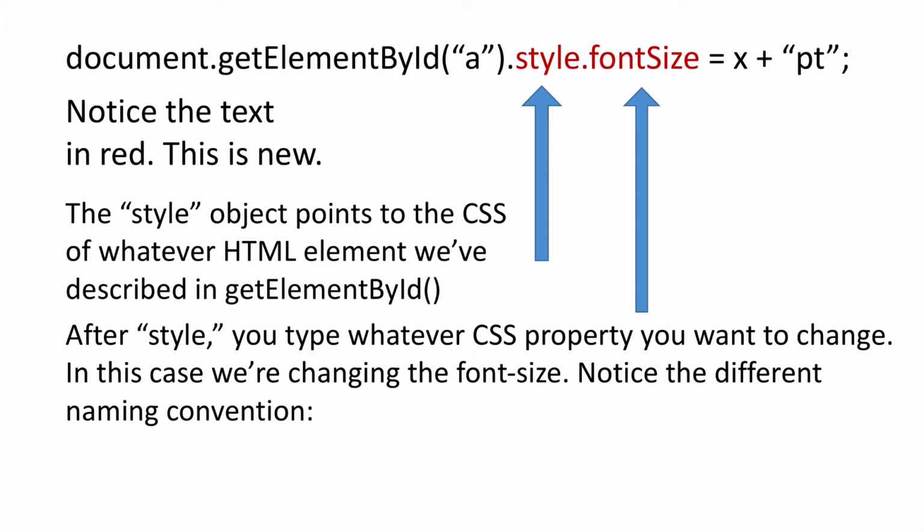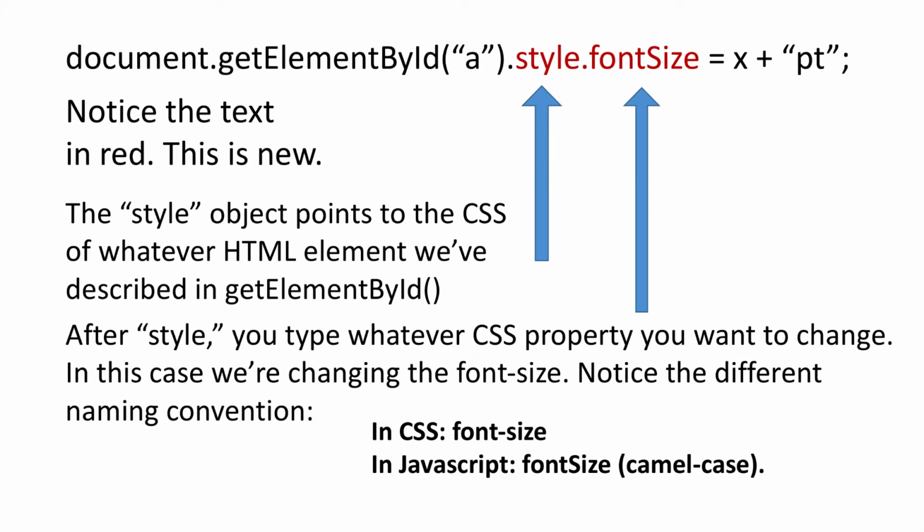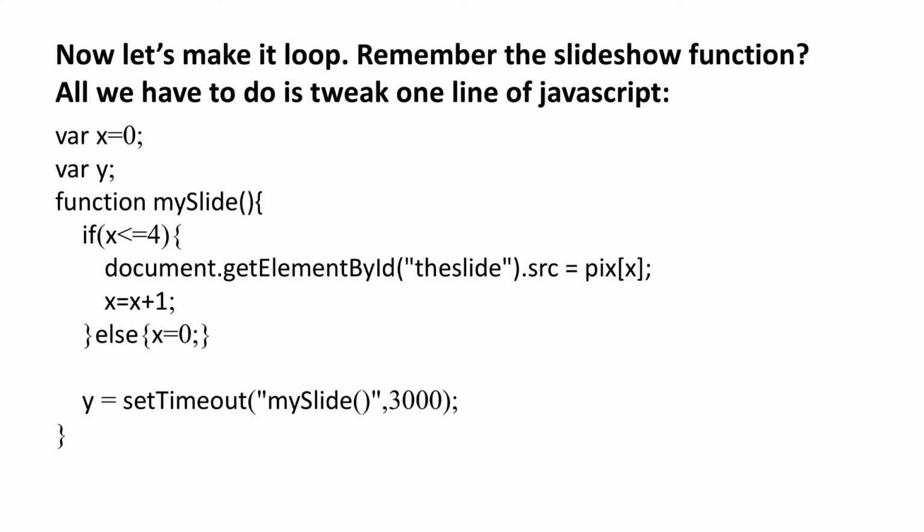So now let's make a loop. You remember the slideshow function? All we have to do is tweak that line of JavaScript where we actually do something. So here was our original function. We set X to 0, that was our counter. We did a variable Y, which we used later to stop our slideshow. Then we made a function which did a test for X is less than or equal to 4.